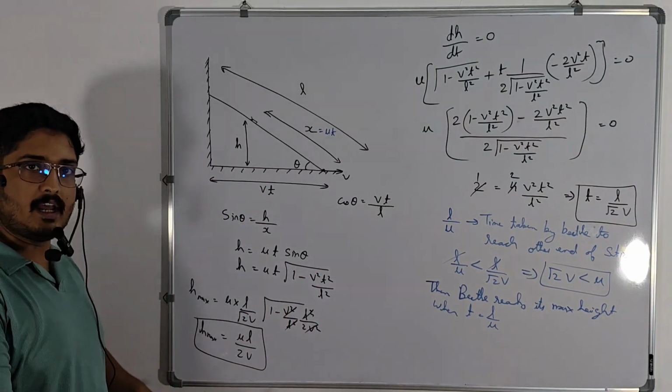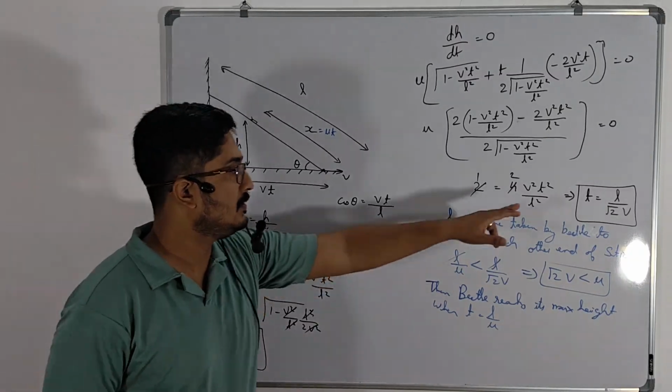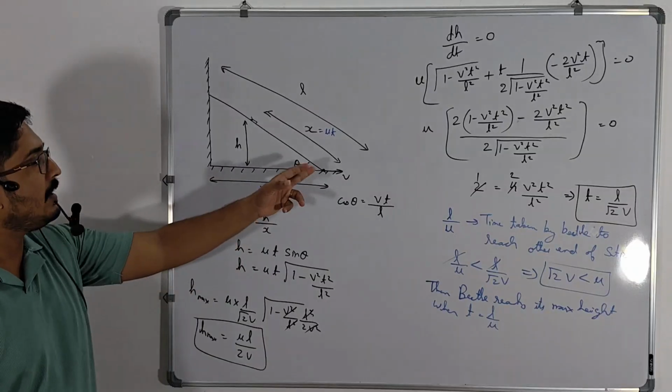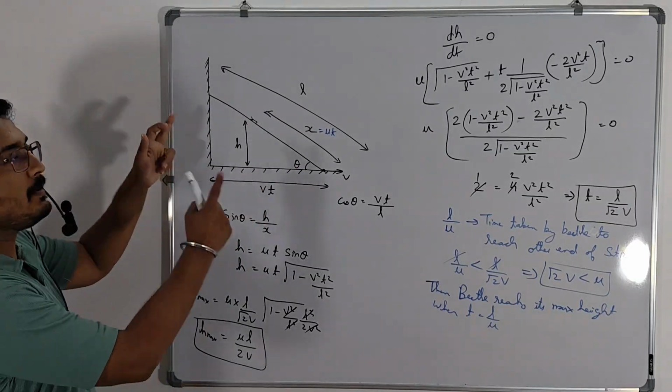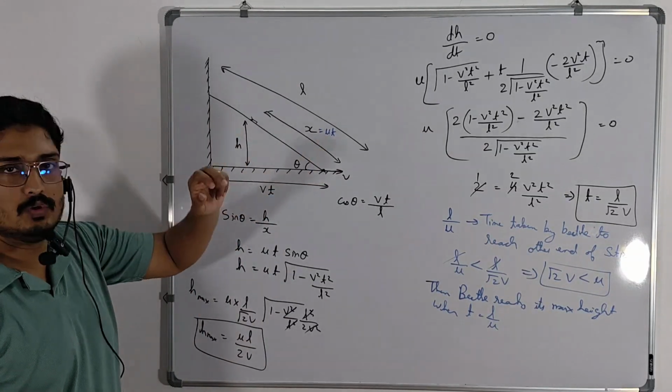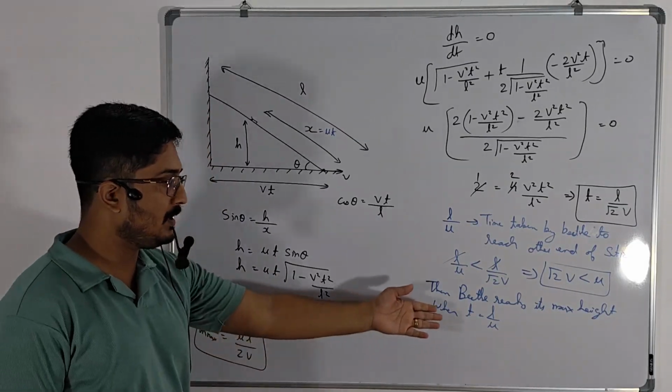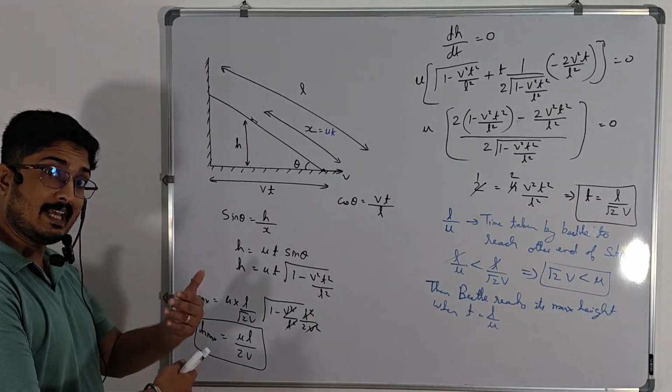According to our normal calculation, the beetle will reach the maximum at this time. But if the beetle speed is high, then the beetle would have already reached this point. So time taken is nothing but L by U, the velocity with which it is traveling. So in that time, it has reached the maximum height. This is the second case.